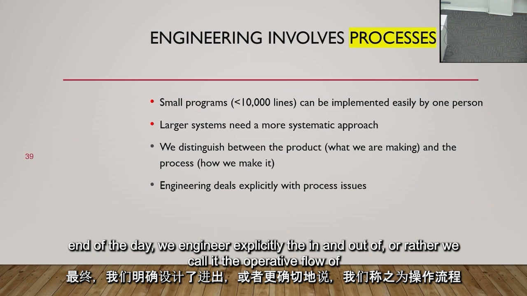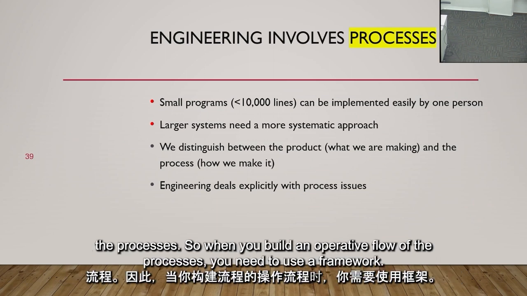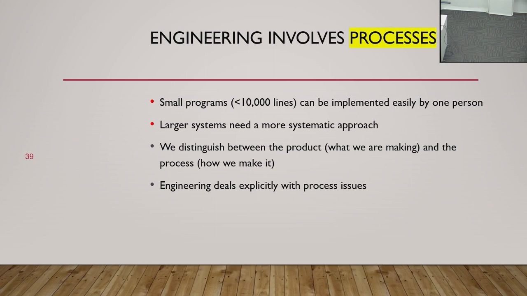And at the end of the day, we engineer explicitly the in and out of, or rather what we call, the operative flow of the processes. So when you build an operative flow of the processes, you need to use a framework. Okay?